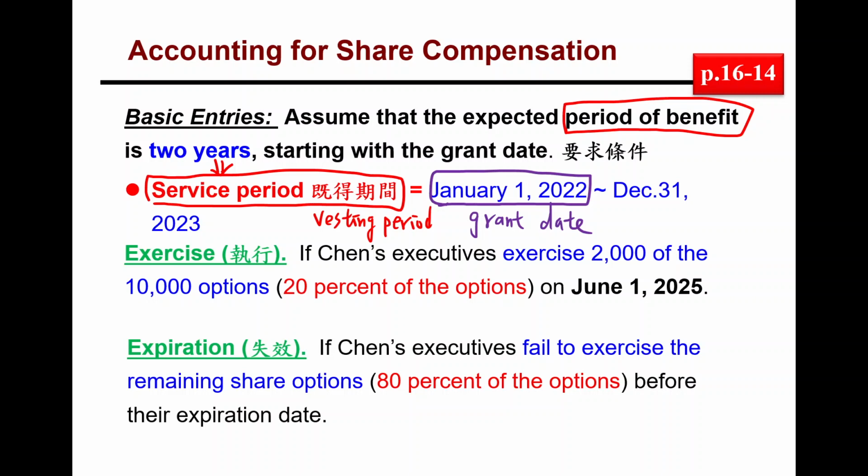So you told them the requirement on the grant date, 2 years more, so it will be December 31st, 2023. So the vesting date should be this December 31st, 2023. This is your vesting date.